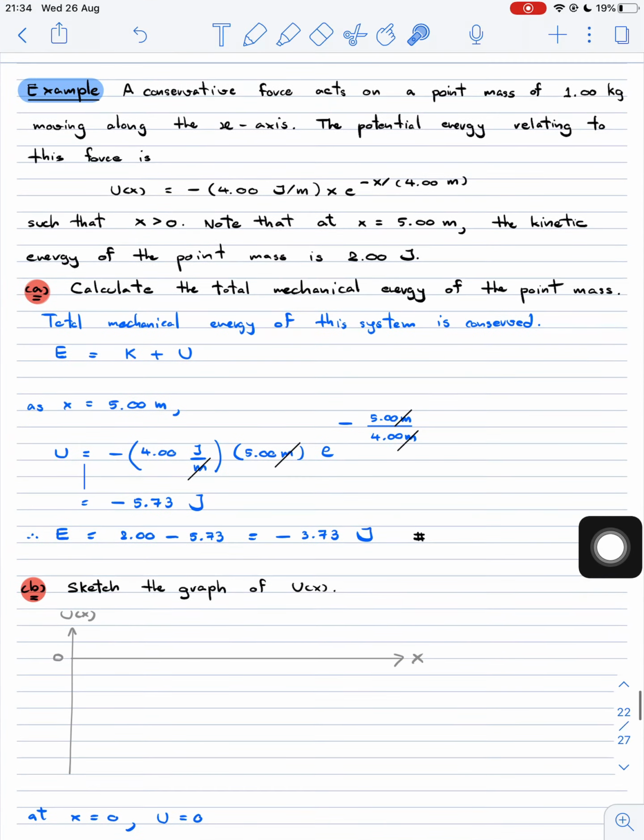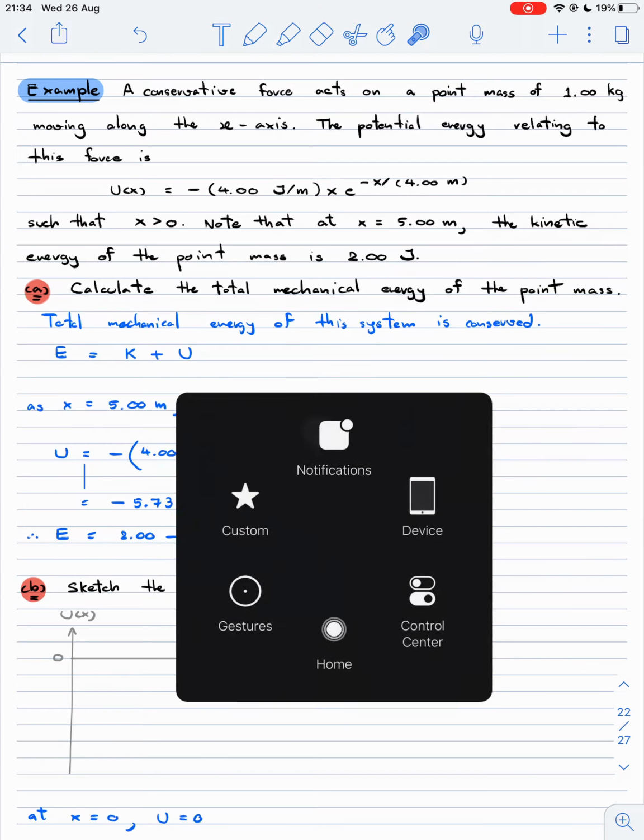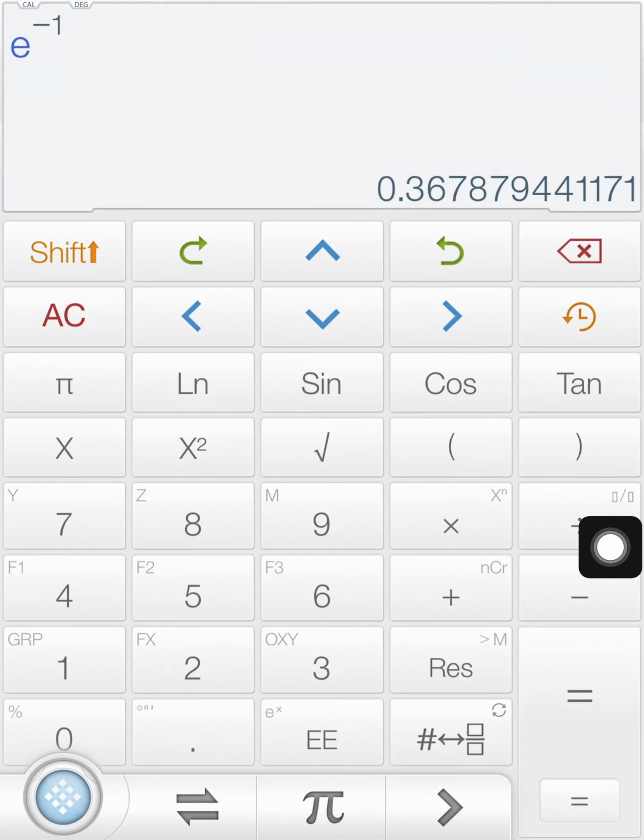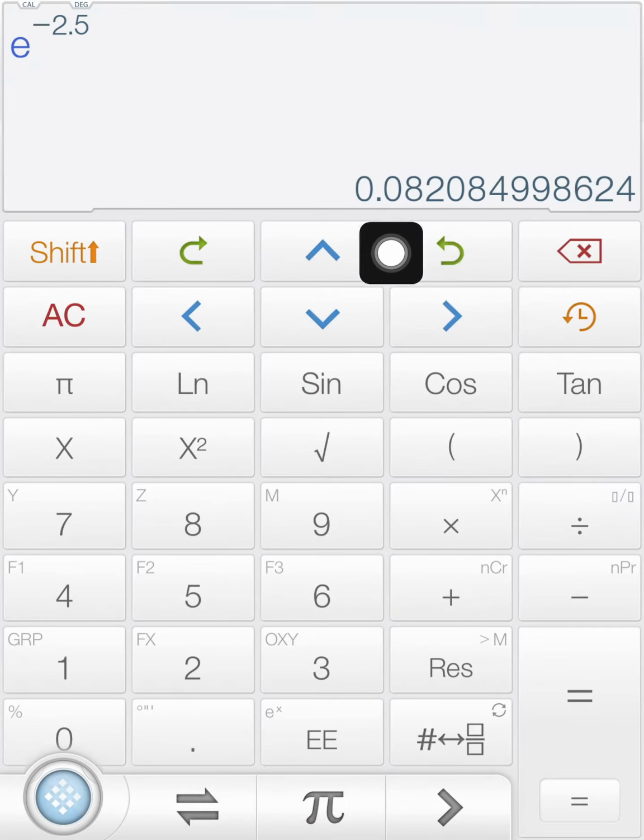Let's say when x equals 10, here we have e to the negative 10 over 4, which equals 2.5. Let's try e to the negative 2.5. You can see that it's much smaller than 10.